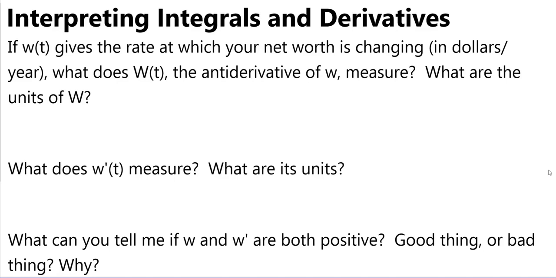If w prime, think about this as your second derivative essentially, right, is positive, then my rate is also increasing. So I'm essentially making money at an increasing rate. Does that make sense? I've got a concave up, I've got exponential growth essentially. Okay, so not only is my net worth increasing, it's increasing at an increasing rate. So good thing if you want a large net worth, I suppose.